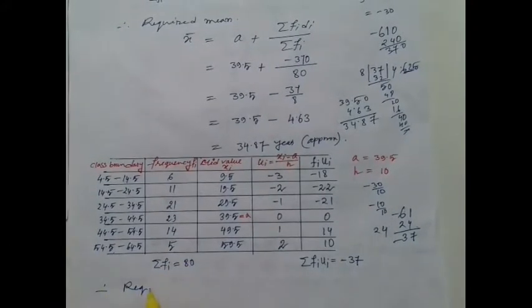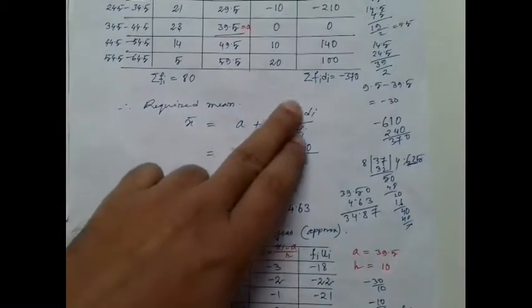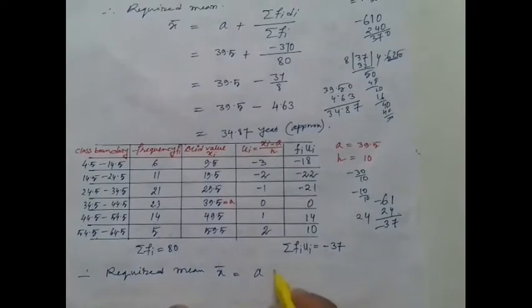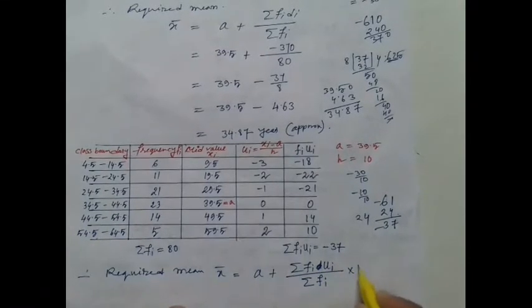Therefore the required mean x bar equals what we used in the previous formula, a plus summation fi di by summation fi. Now there is just a little change: a plus summation fi ui, not di, sorry, by summation fi, into h.